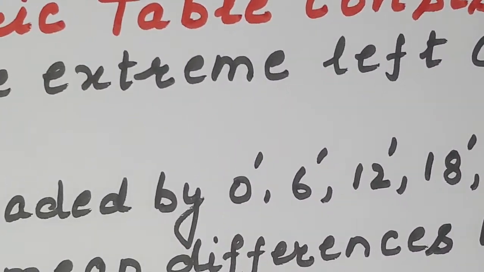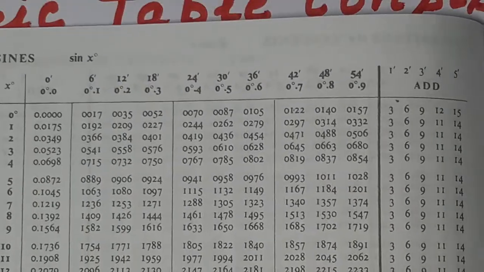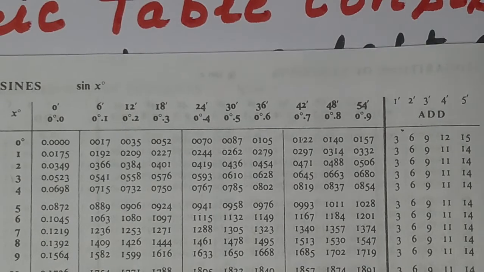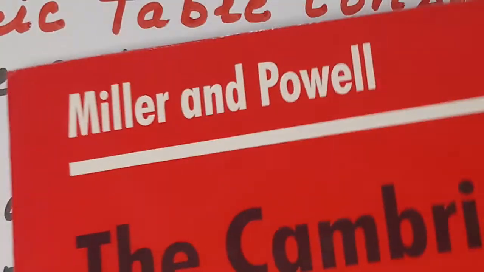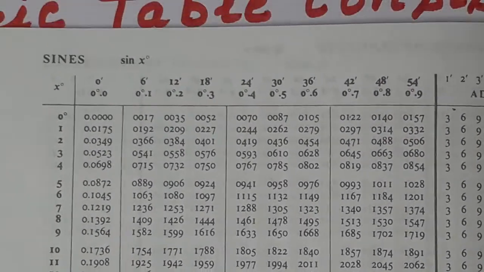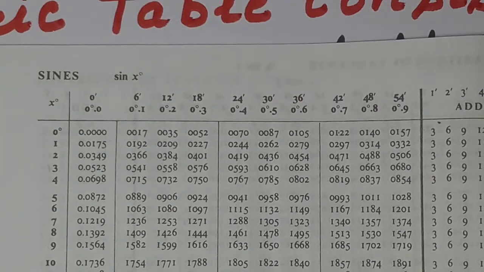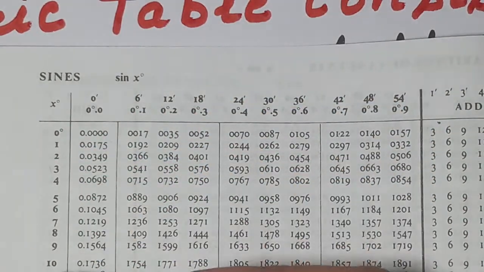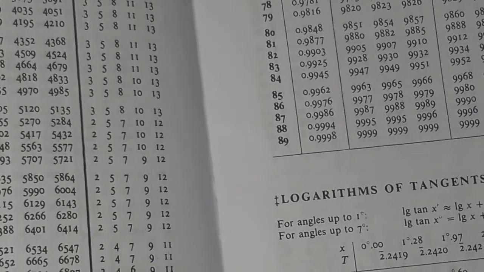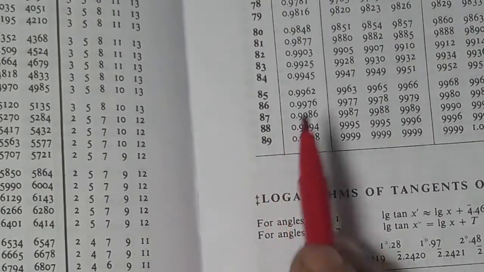So this is the book which will be given to you. This is the red book which you will get in the board examination also for choosing the values of sine, cos and tan. Now, as we discussed, the extreme left column contains degrees from 0 to 89, right? 0 to 89.